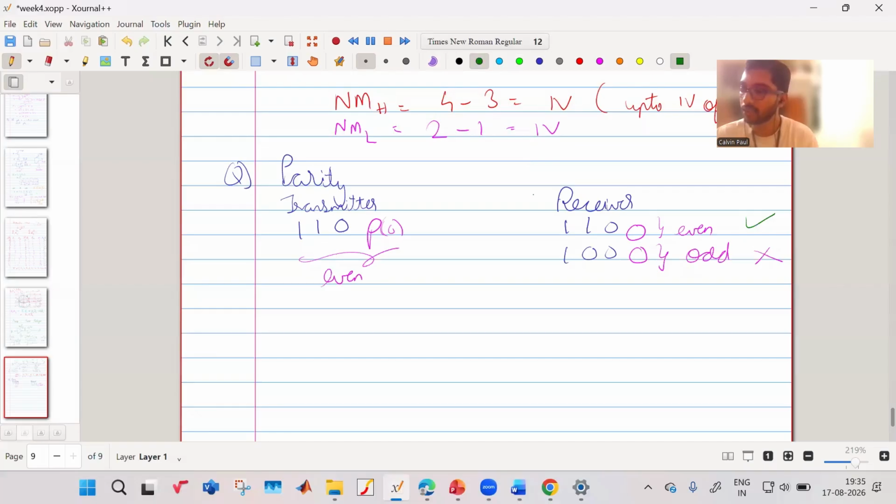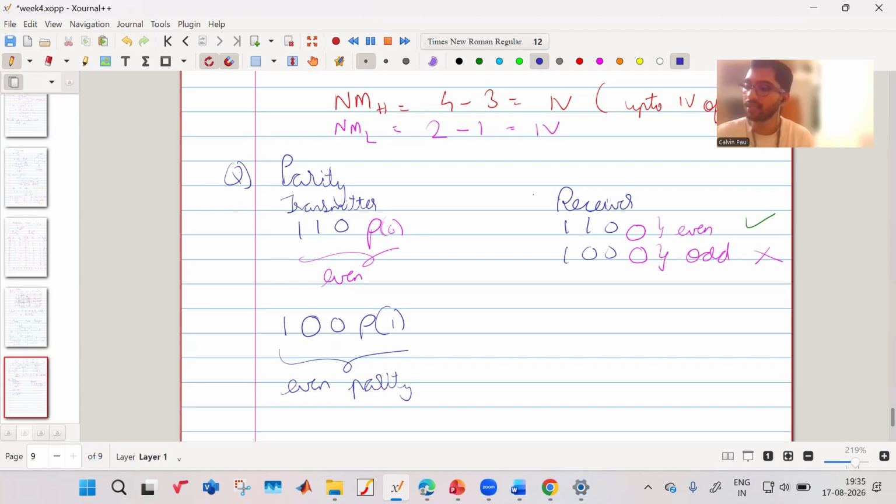Let us take another example. Assume this is 100, then you have to add a parity bit. So should I add 1 or 0? You should add 1, because you want the number of ones to be even, so that you have even parity.